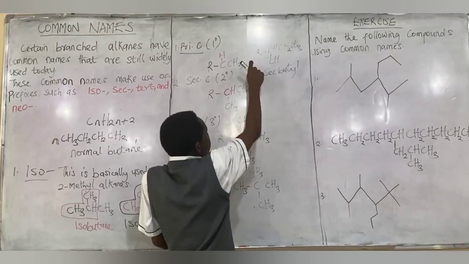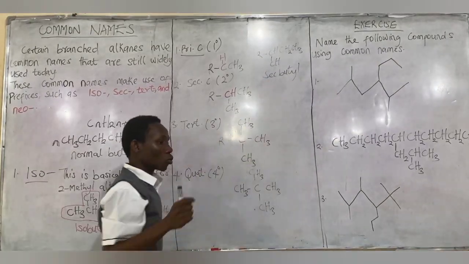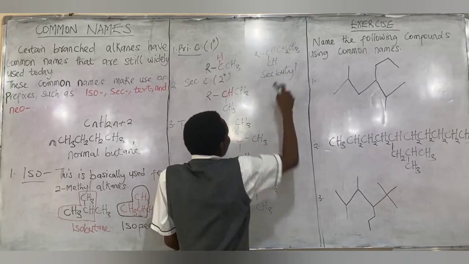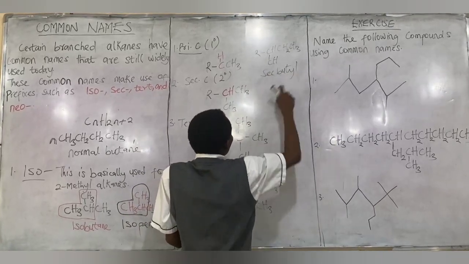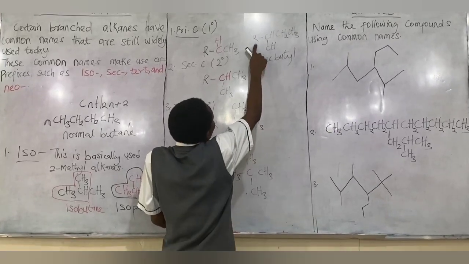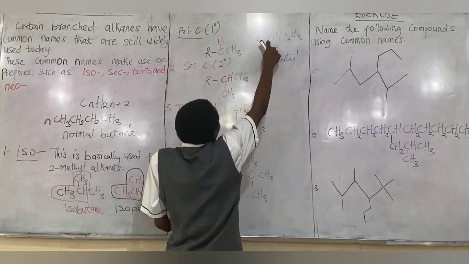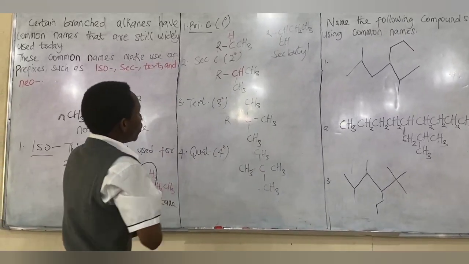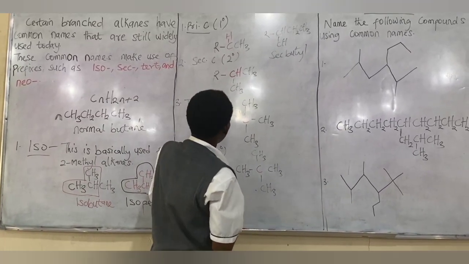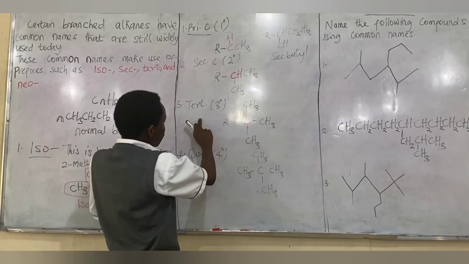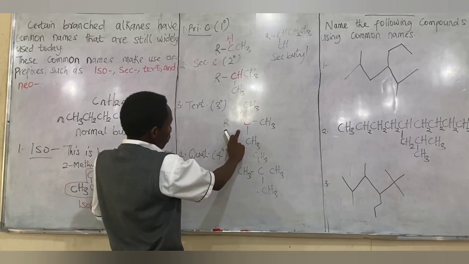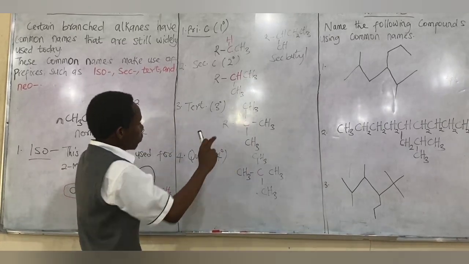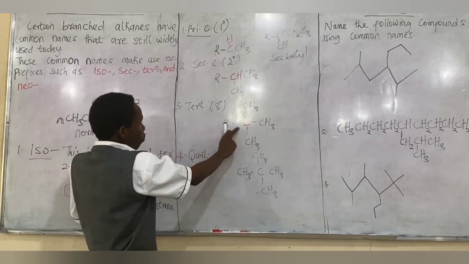Let's say for example we have chlorine. If we have chlorine, you can call it sec butyl chloride. Why? Because the chlorine atom is attached to a secondary carbon atom. Okay, if we have something like this, this is the tertiary, right? So if we have a substituent, maybe chlorine, attached to it, how do you name this?